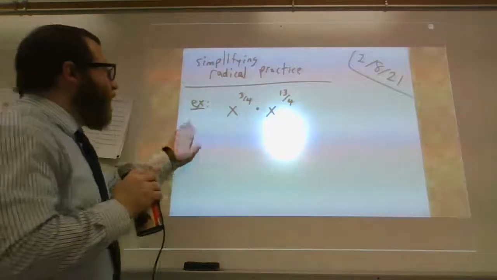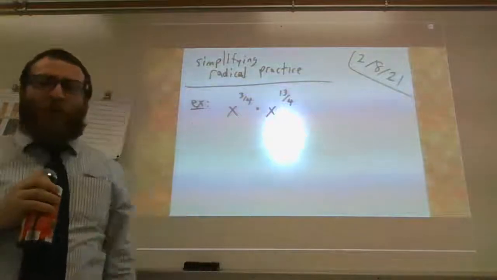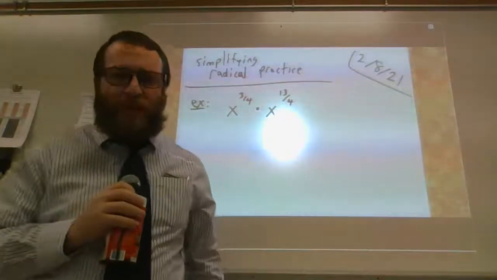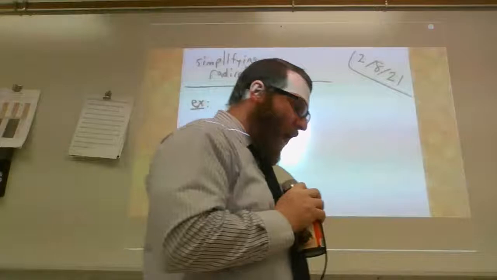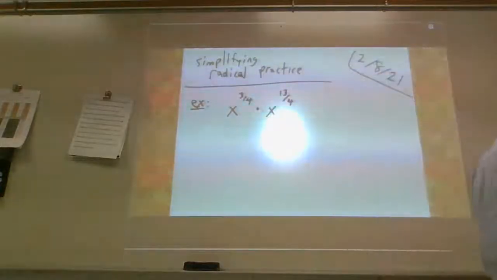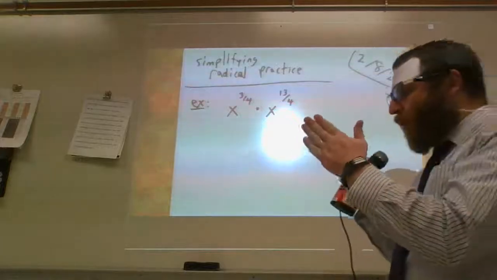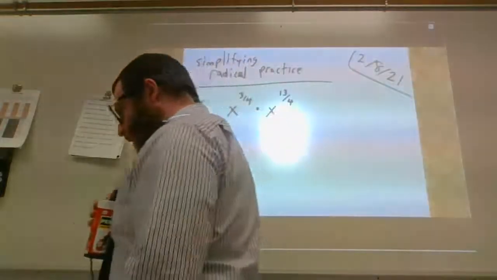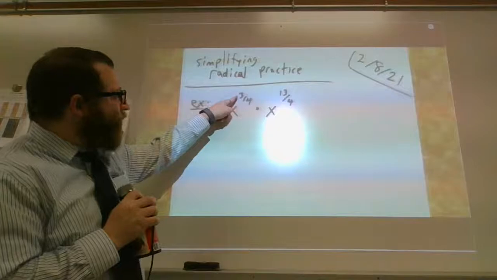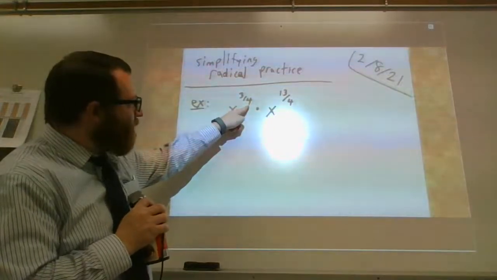Well, in this particular problem, we have a fourth root. Because when you see that fractional exponent, I want you to be aware of the fact that that fractional exponent is, of course, power over root. The power being the top of the fraction, the root being the bottom of the fraction.